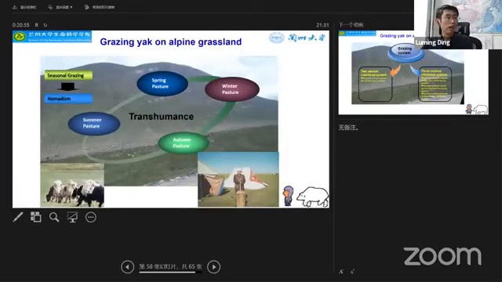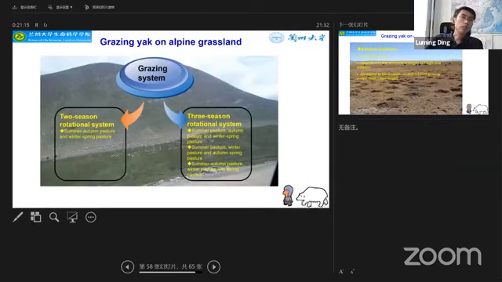There's a part to share the grazing yak as a case. So the yak is a unique animal born in the Qinghai Tibetan Plateau, with rotational grazing.